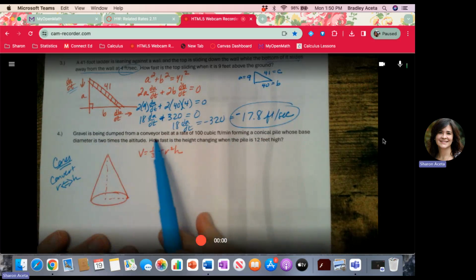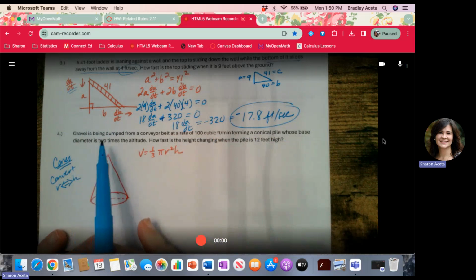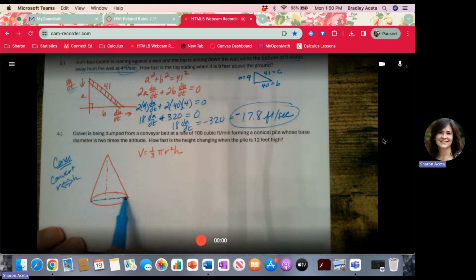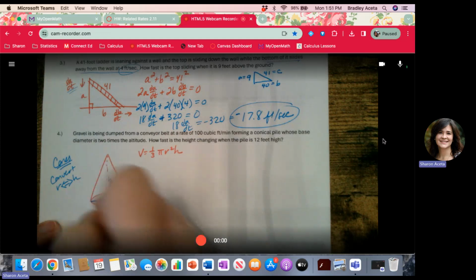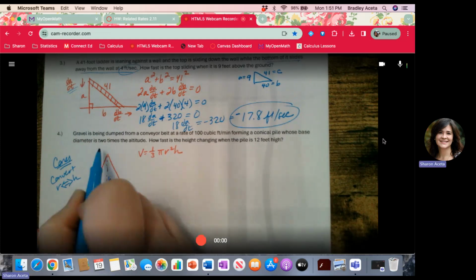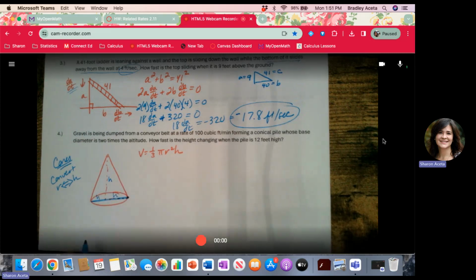The gravel is being dumped from the conveyor belt at 100 cubic feet in a conical pile whose base diameter is 2 times the altitude. The base diameter, this whole diameter, is 2 of these. So I didn't really draw this to scale. So instead of calling this R and R and this H, this base diameter is twice the altitude. So this would be an H and this would be an H. So that means my R and my H are the same.